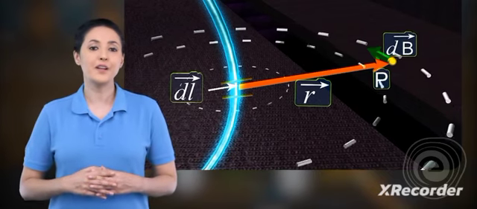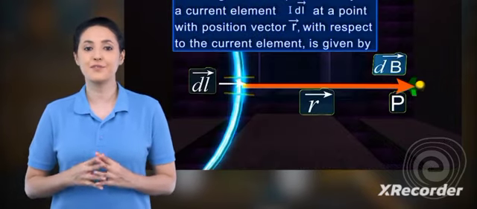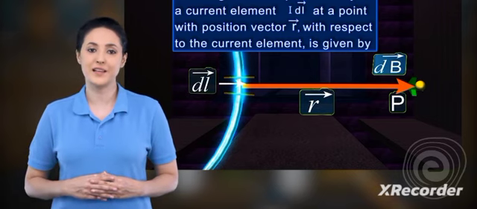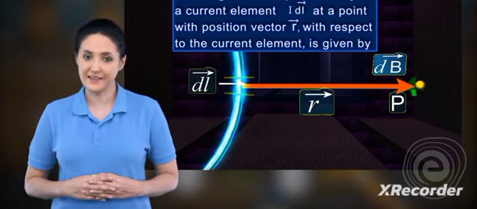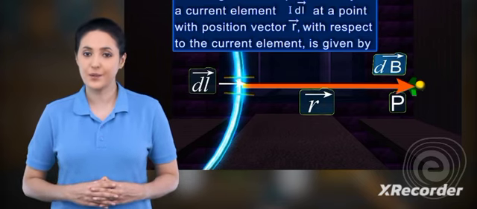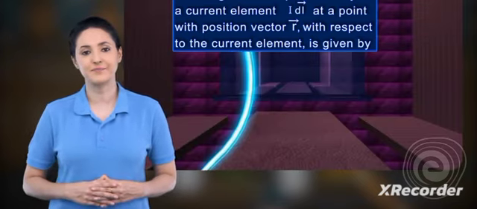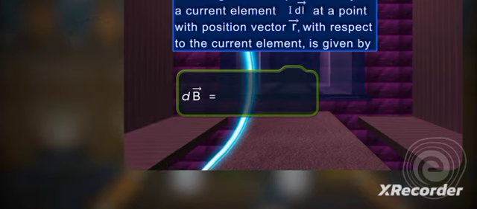The Biot Savart's law states that the magnetic field produced by a current element I vector dl at a point with position vector r with respect to the current element is given by vector dB equals mu 0 upon 4 pi I vector dl cross r cap upon r square.